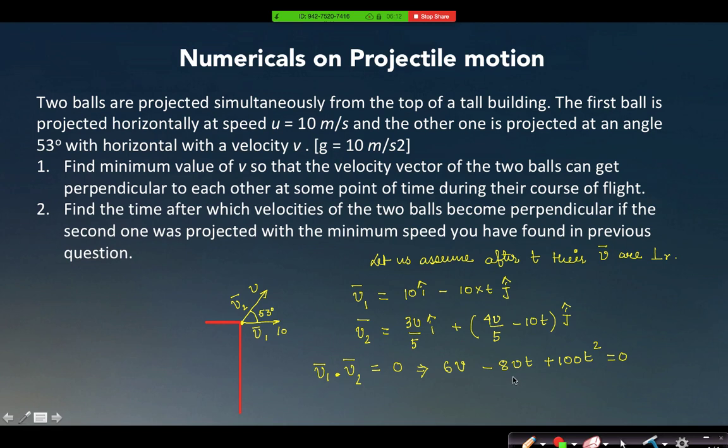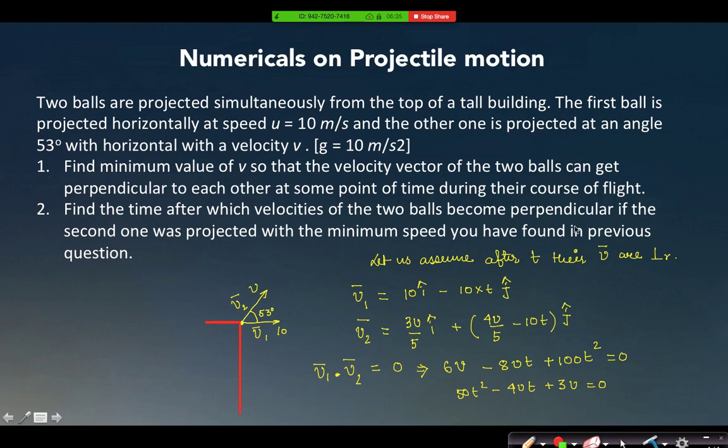You can see that this is a quadratic expression for time. If I slightly modify it by cancelling with 2, it is 50t square minus 4vt plus 3v equal to 0. Now it is a quadratic equation for time.